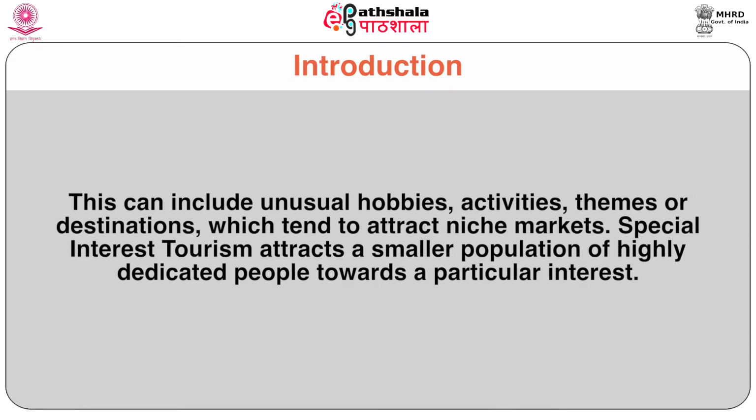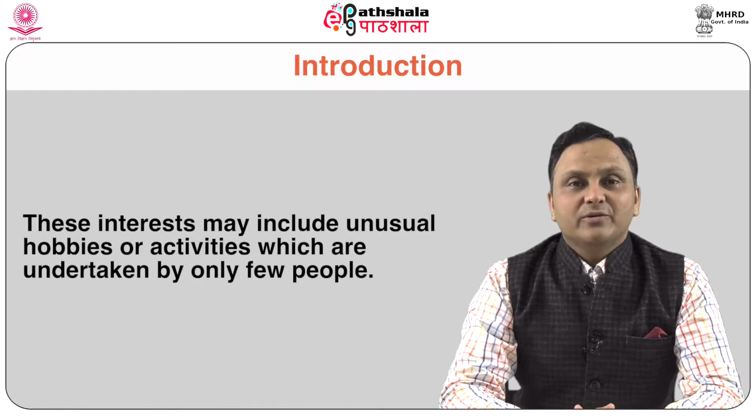This can include unusual hobbies, activities, themes or destinations which tend to attract niche markets. Special interest tourism attracts a smaller population of highly dedicated people towards a particular interest. These interests may include unusual hobbies or activities which are undertaken by only a few people.